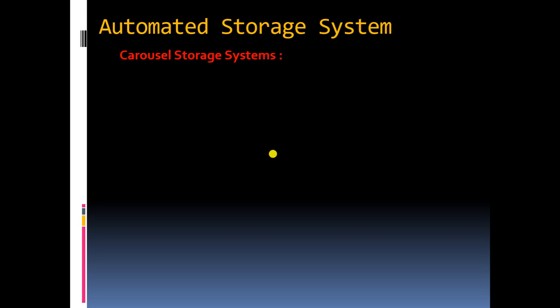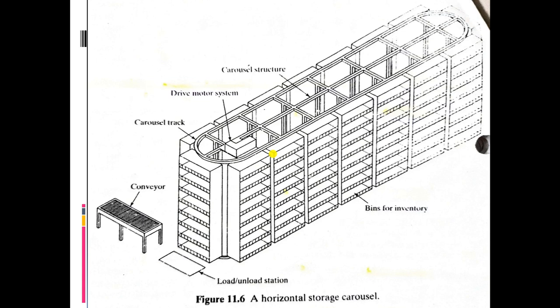Then we'll see the carousel type storage system that is used in the case of automated storage systems. This is a conveyor line, and this is an oval type horizontal storage carousel.